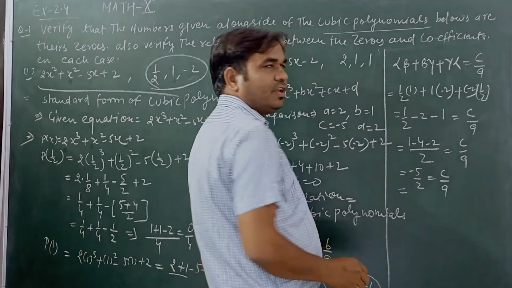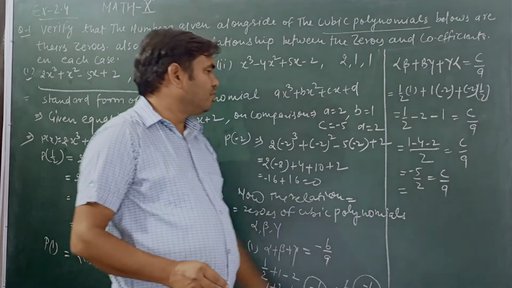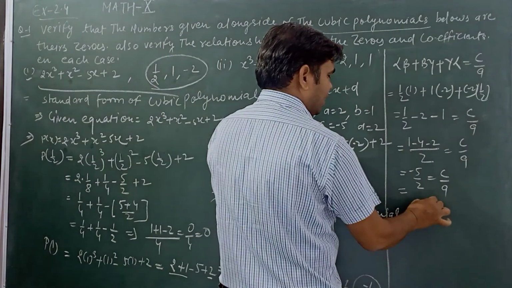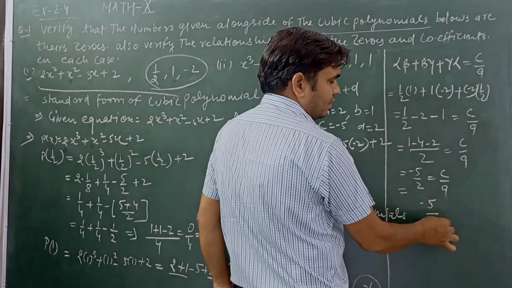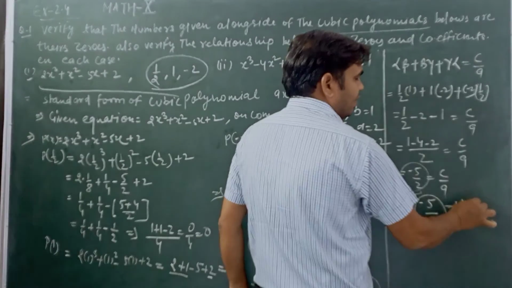In the given equation the value of c is minus 5 and a is 2, which is also verified.